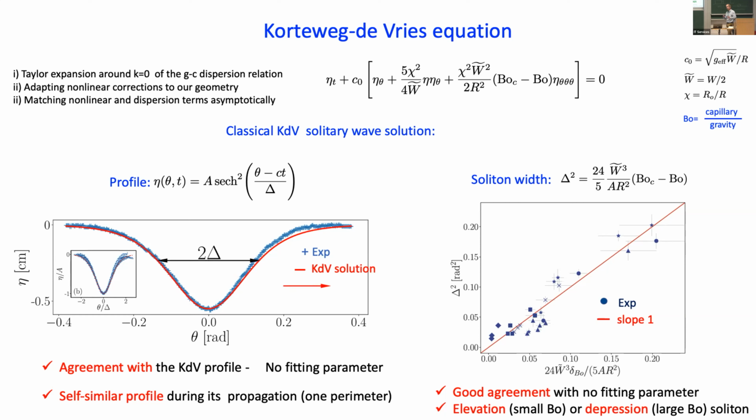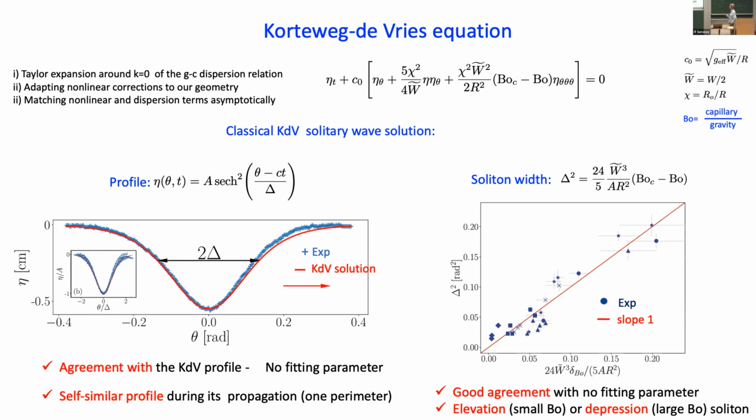And also you can follow this profile along the torus. And as Nicolas said for his experiments, when you plot on a rescaled variable, it keeps a self-similar profile during its propagation, even if you have a slight dissipation. You can check also the soliton width, which is predicted by KdV to be inversely proportional to the amplitude of the solitons, and it works also very well with no fitting parameter.